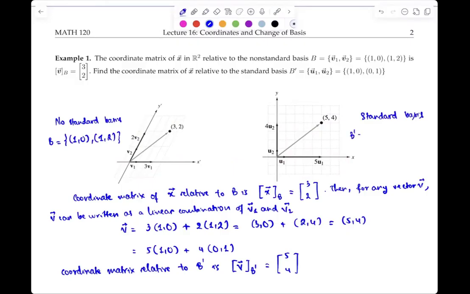And you have the basis B prime equal to 1, comma 0 and 0, comma 1. All right. So that's the first example, how to get the coordinate matrix, and also you can see in action the change from one basis to another basis. In this case, you go from the non-standard basis to a standard basis.